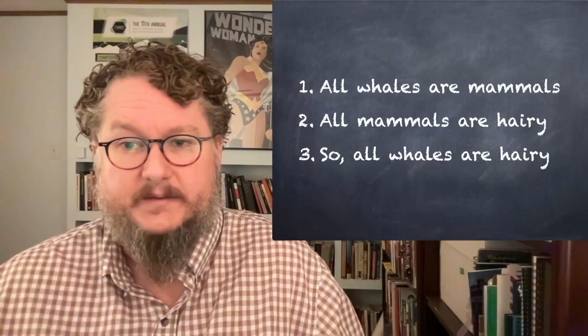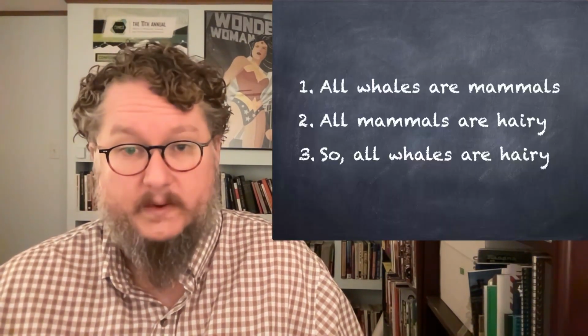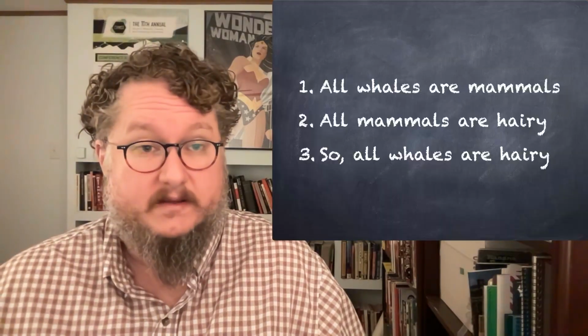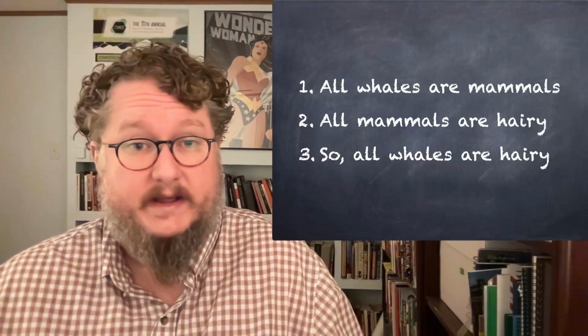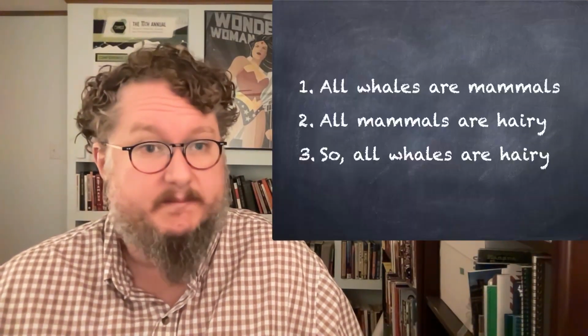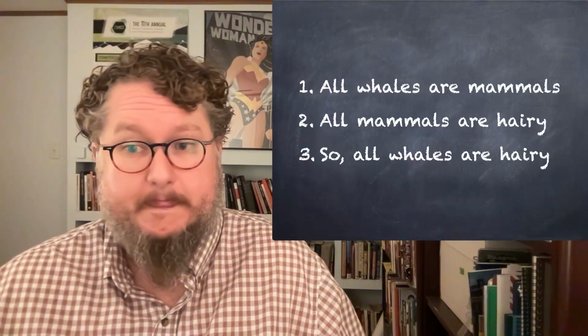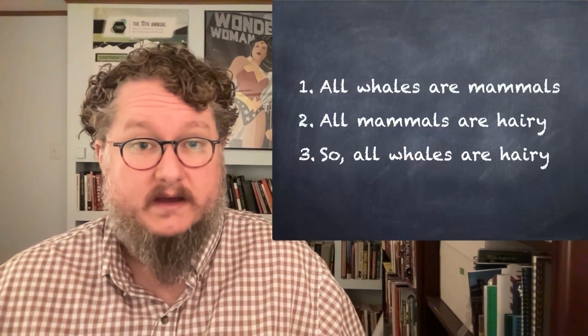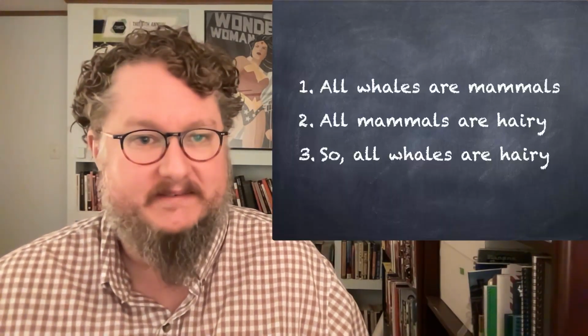Here's another example. All whales are mammals. All mammals are hairy. So all whales are hairy. Again, this argument is a good one, logically speaking. Now you might object, whales and dolphins aren't hairy, but they're mammals, so the argument must be bad. Well, in what sense might you say it's bad? You could deny premise 1, say that whales are fish. Herman Melville seems to believe that.